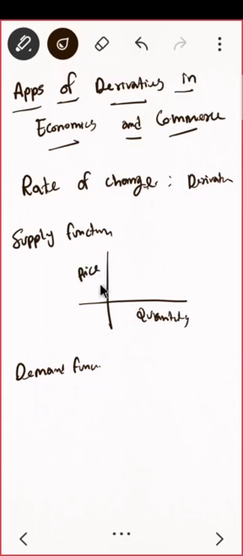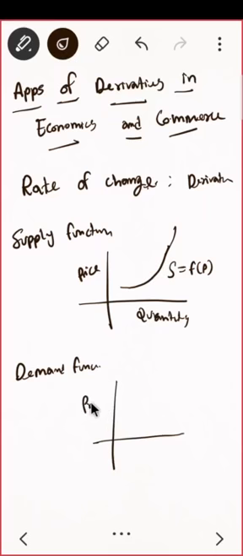Then if you are having this graph, the supply function will be this, s will be f of p, where p is what? Price. Supply function.